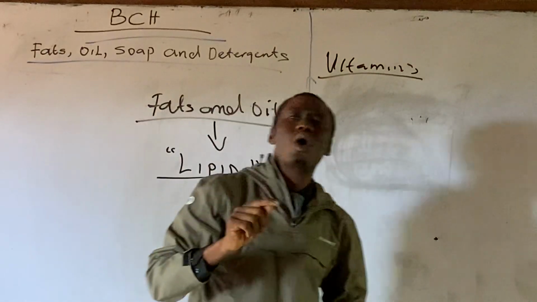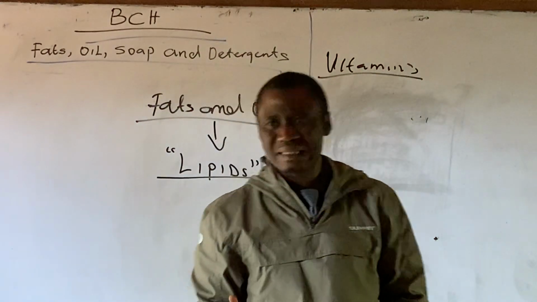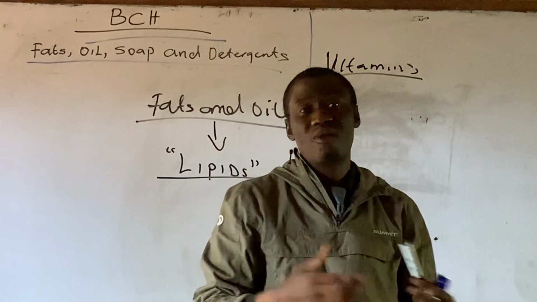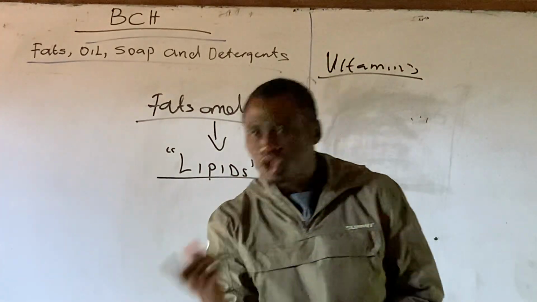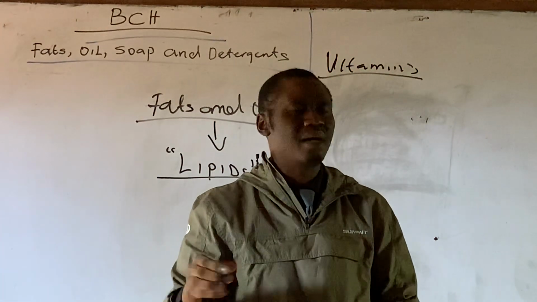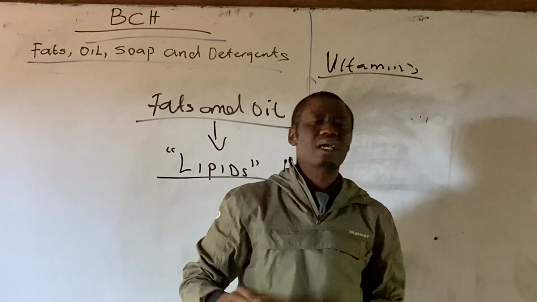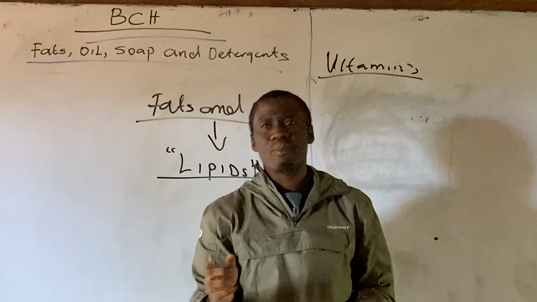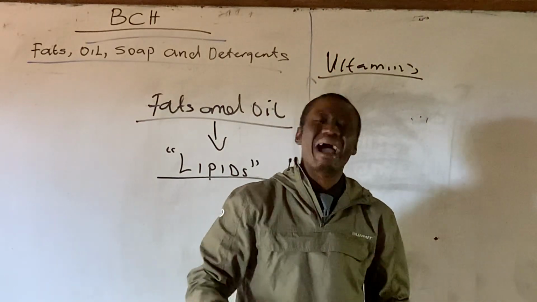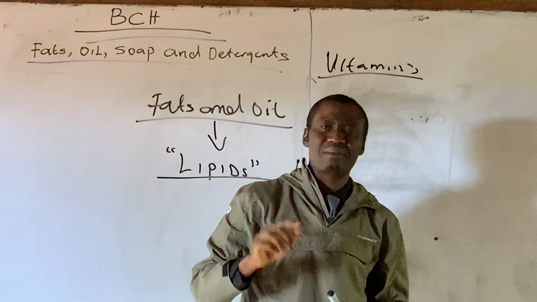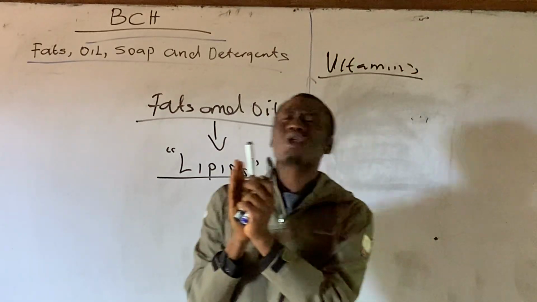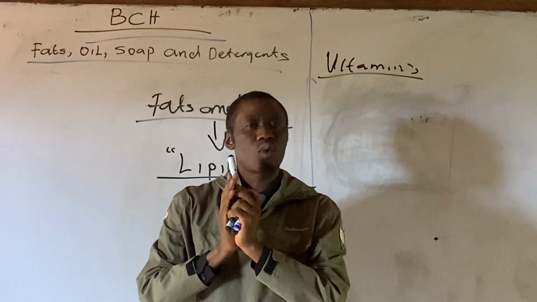Why can't we call fat-soluble vitamins water-insoluble vitamins? It is technically incorrect to say water-insoluble vitamin, but it's actually what we mean by fat-soluble vitamin. It means those vitamins cannot dissolve in water.